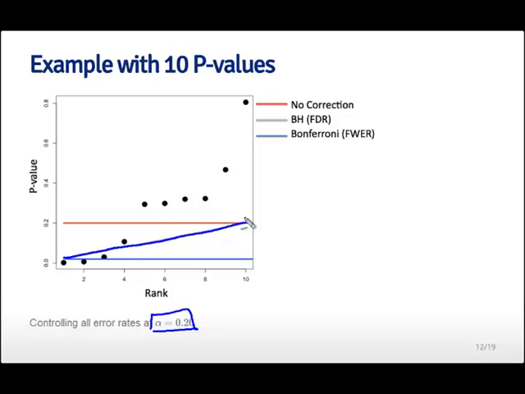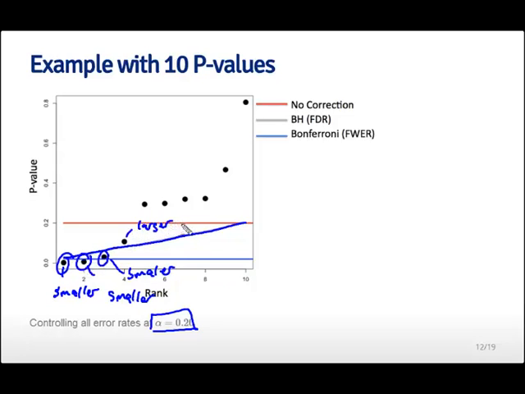We order the p-values from smallest to largest, and each time we compare it to a linear line where the slope is determined by this alpha level. So we would just call these first three p-values significant. We find three significant p-values, and we're controlling a slightly different error measure.